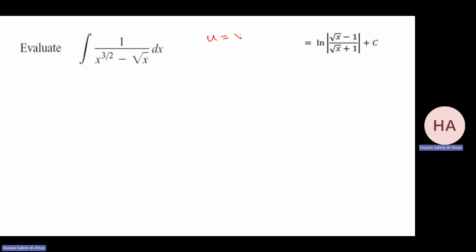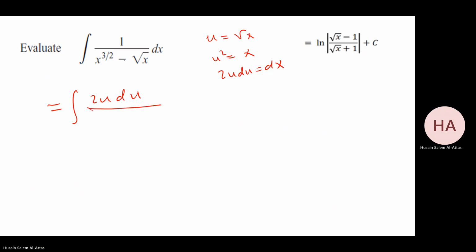Now this one, the same trick: u equals square root of x, u square equals x, 2u du equals dx. So you have 2u du over, x is u square, that gives me u cubed minus u du.